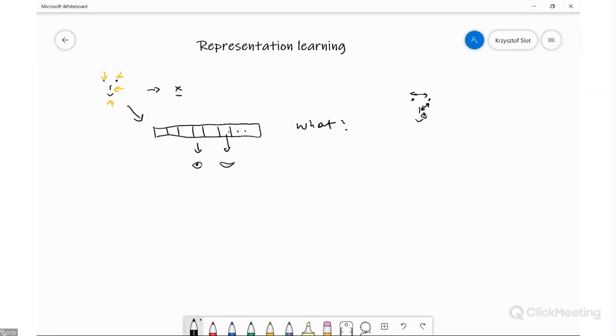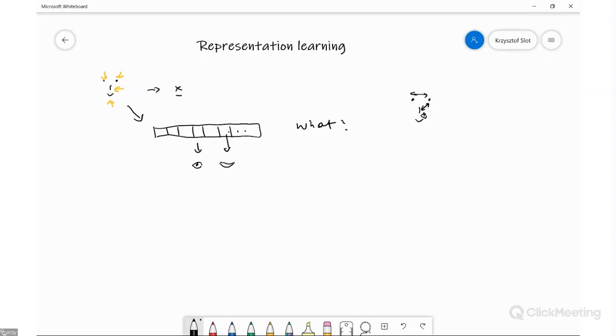A good representation would be a representation that informs me about everything that is really important when I'm analyzing an object. We are talking about images right now, just because images were the domain of the first success of deep learning and this representation learning concept.